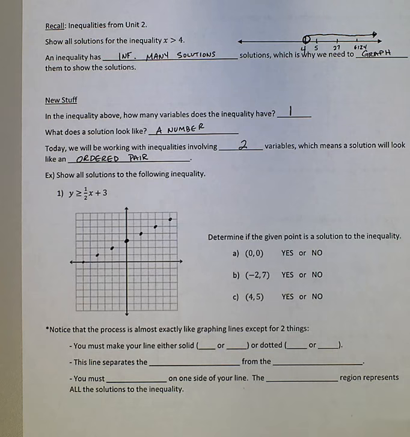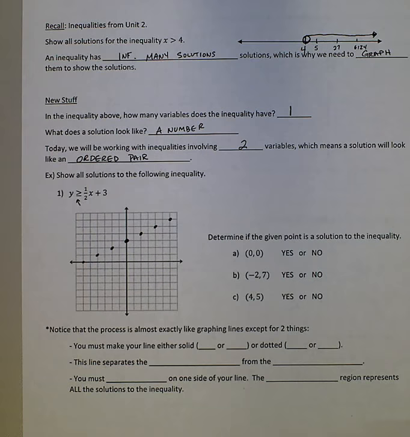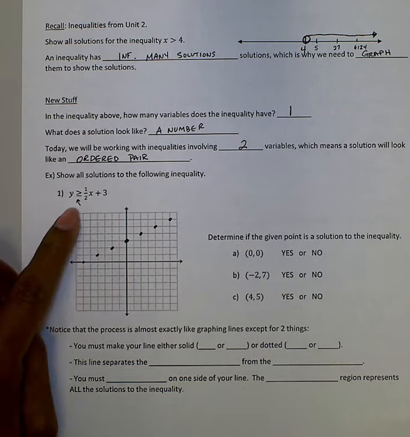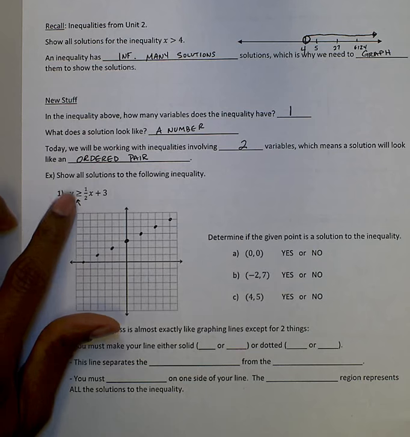Now the added complexity for inequalities is that we now need to consider this sign. This sign has a similar job as it did in the first inequalities we talked about. This sign tells us, is our line or our border included in our solution? Okay, and so this says y is greater than or equal to.